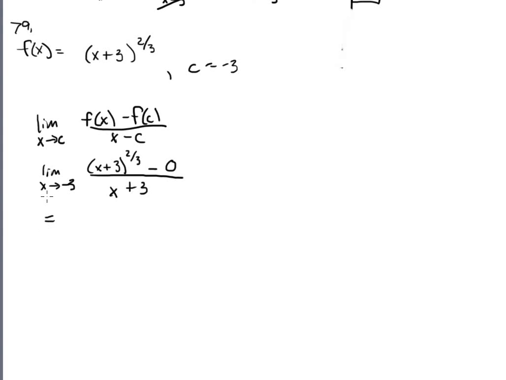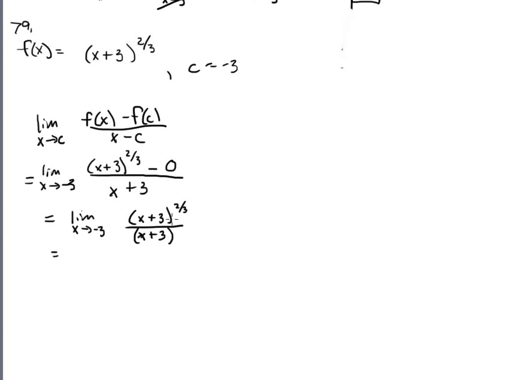Okie dokie. So this is equal to, the 0 we can just rewrite, the limit as x goes to negative 3 of x plus 3 to the 2/3 over x plus 3. Now one thing that we notice here is that we have two common bases, x plus 3 and x plus 3.